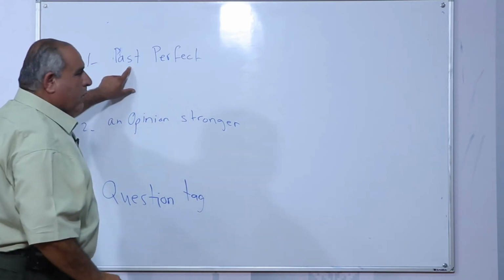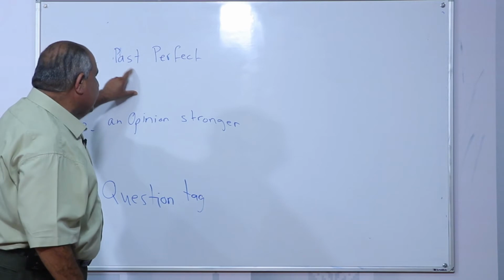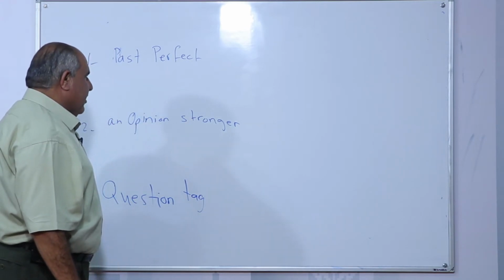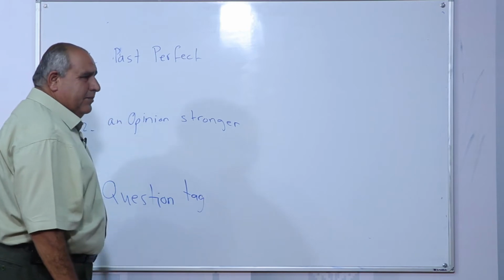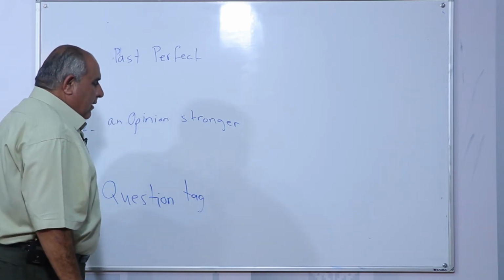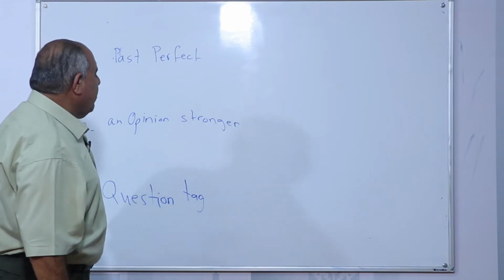Let's begin with number 1, which is the end of the past tenses which are found and discussed in unit number 3. We talked about the past simple tense, then we talked about the past continuous, and now we will talk about the past perfect.